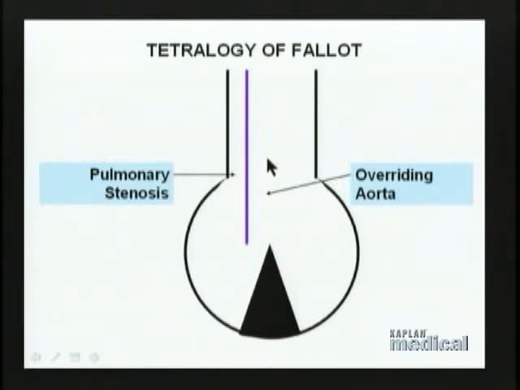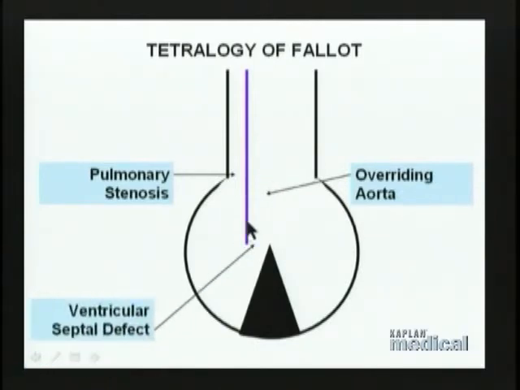The third element was ventricular septal defect, and we see that because this septum is not lined up with that septum, they don't meet, they don't fuse, and therefore you have a ventricular septal defect. So that's the third element of tetralogy of Fallot. The fourth element, which we said was right ventricular hypertrophy, really isn't a defect. The right ventricular wall is having to work very hard because of the pulmonary stenosis.